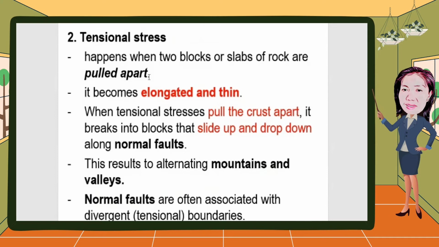When this tensional stress pulls the crust apart, it breaks into blocks that slide up and down along the normal fault. So, ang result nito is the normal fault. Usually, ang ma-result nito pag they are pulled away from each other is valley. Have you seen a valley?